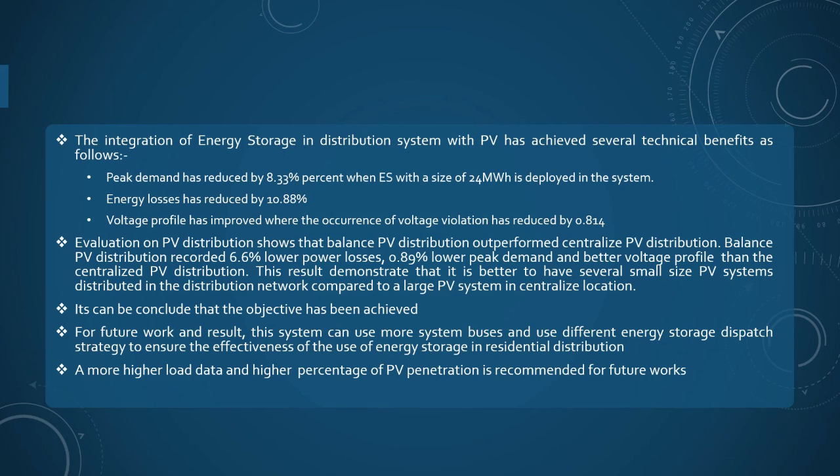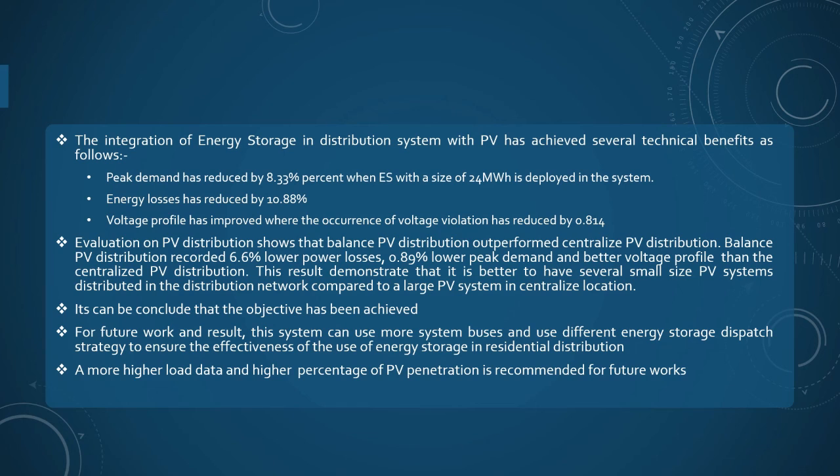Next is the evaluation of the PV distribution, which shows that the balanced PV distribution outperforms the centralized PV distribution. The balanced PV distribution recorded 6.6% lower power losses, 0.89% lower peak demand, and a better voltage profile than the centralized PV distribution. This result demonstrates that it is better to have several small-size PV systems distributed in the distribution network compared to a large PV system in a centralized location.